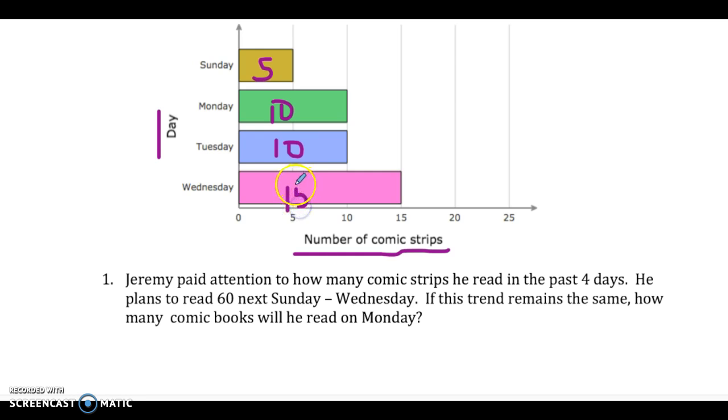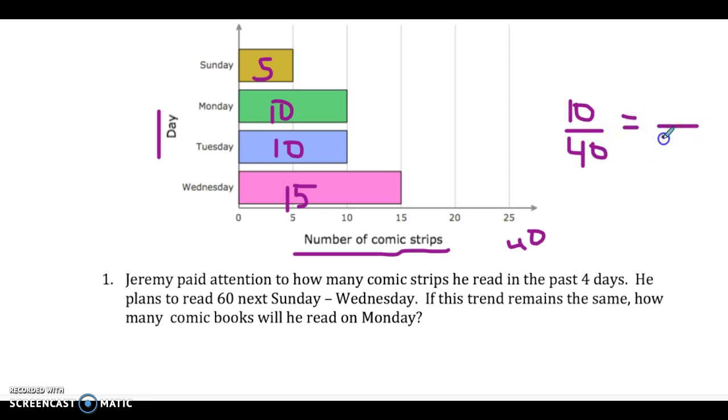So if you think about this, this week, he read in total how many books? Or comic strips, I'm sorry. He read 40 total. Okay, and of those, how many did he read on Monday? 5, 10. He read 10 on Monday, so 10 out of the 40. But next week, he wants to read a few more.